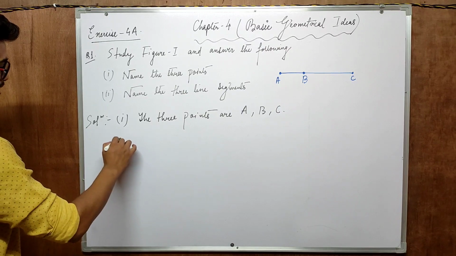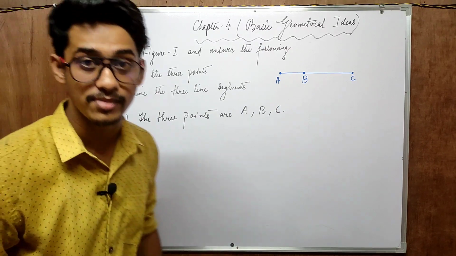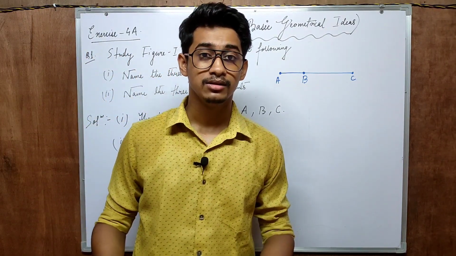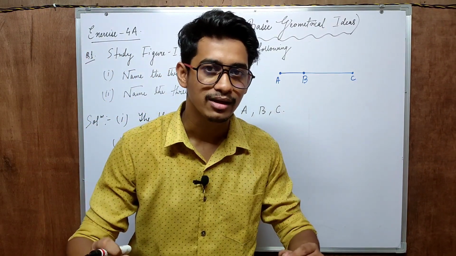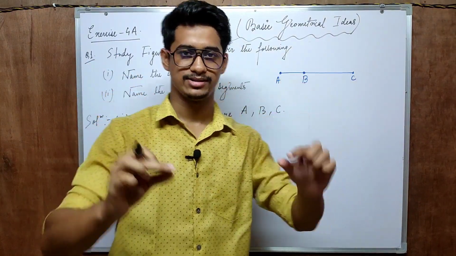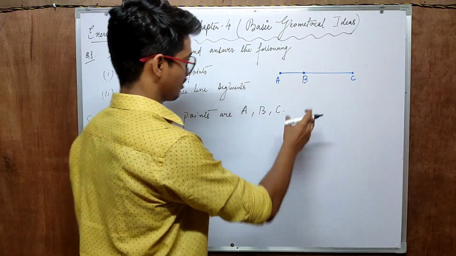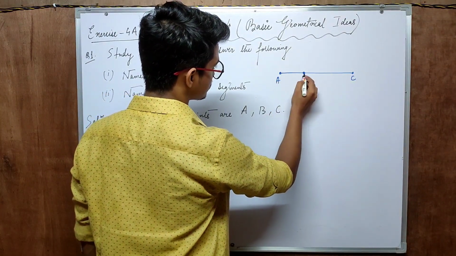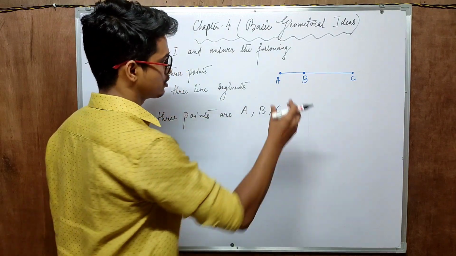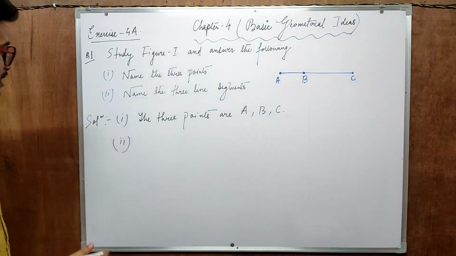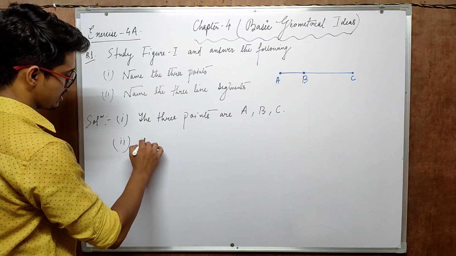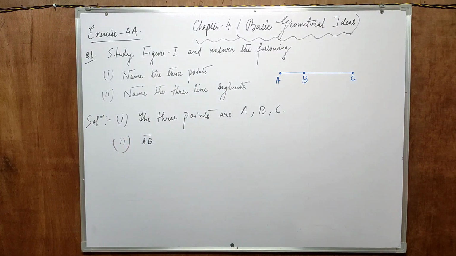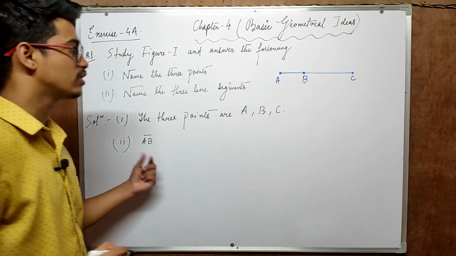After that the next question is name the 3 line segments. We know the definition of a line segment. A line segment is a part of a line where there are 2 end points. Let's watch the figure very carefully. Here this is one point, this is another point, so 2 end points are there. So AB will be our first line segment, and you put one bar over it.